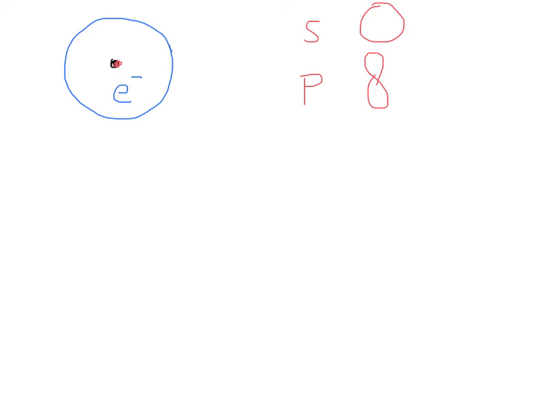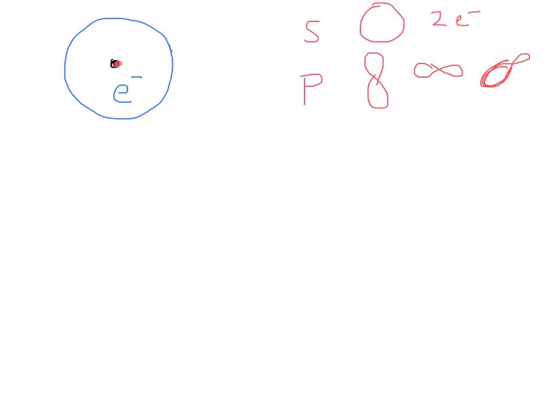Alright, so with the s orbital you can fit 2 total electrons because there's only that one orbital. With p, it gets a little bit funny because every time there's an occurrence of a p orbital, there are actually 3 p orbitals that exist simultaneously. And these are one that is more or less up and down, one that is more or less side to side, and one that is, I'll do my best art skills, coming out at you and going backwards.